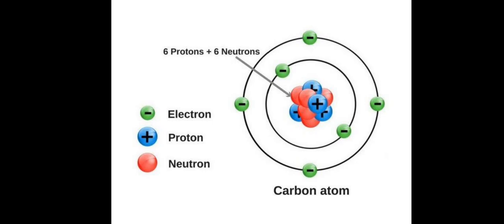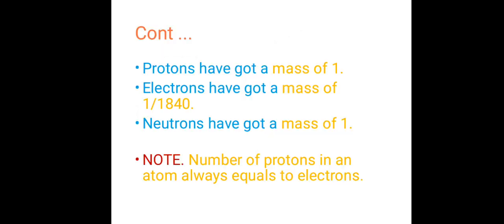The protons are located in the nucleus, so you find that they are charged. They are inside the nucleus, while the electrons are orbiting in their orbits surrounding the nucleus, and they are negatively charged. This atom is a carbon atom. Let's continue, guys.